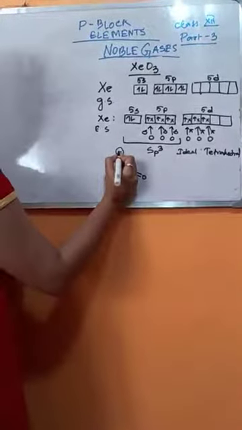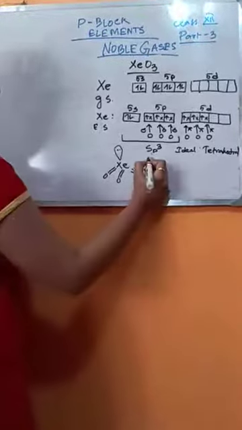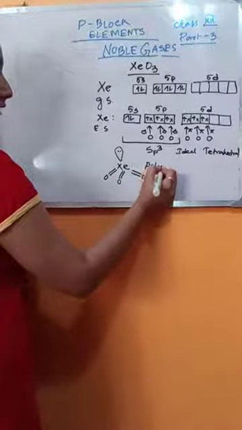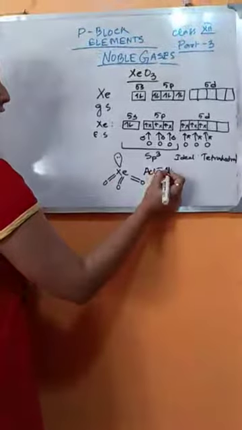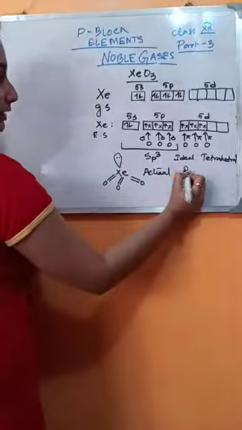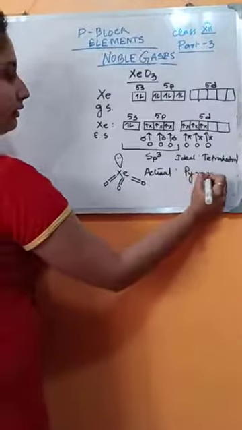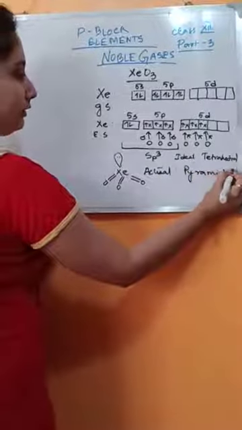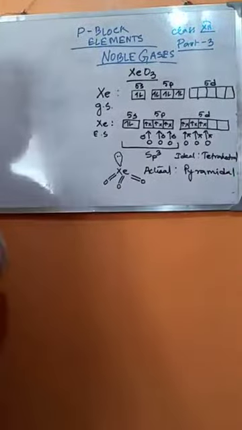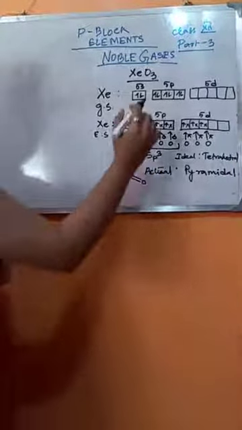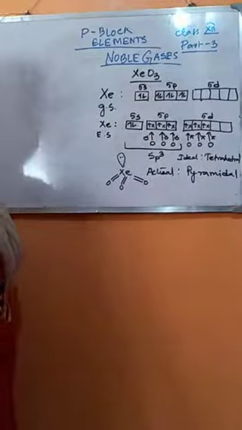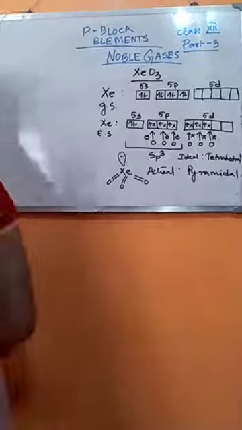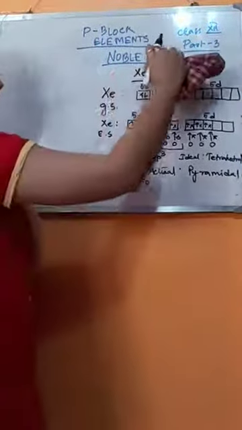It has 1 lone pair of electrons. So the actual geometry will be pyramidal. This is xenon trioxide. Now I will come to xenon tetroxide.